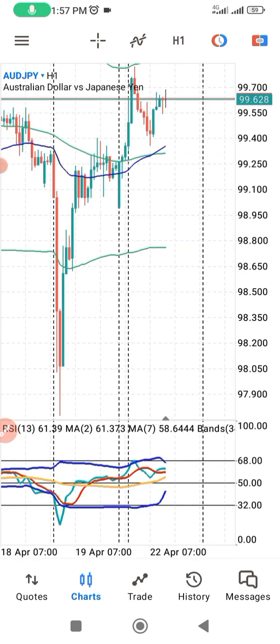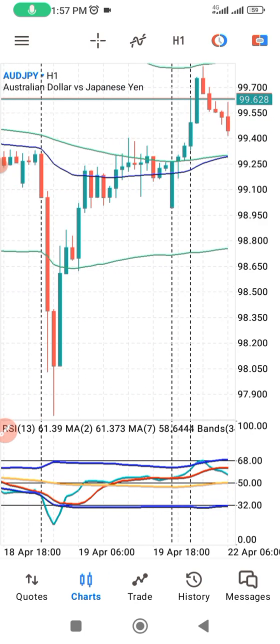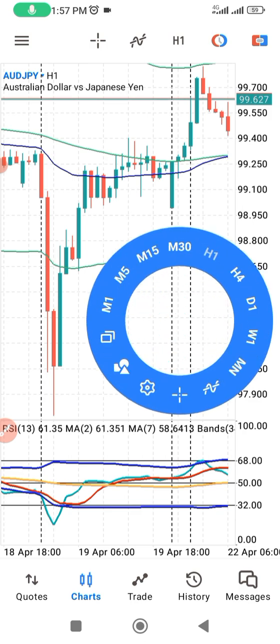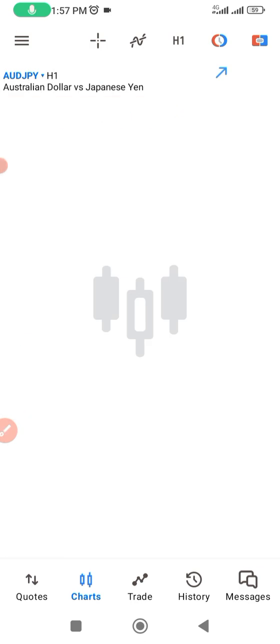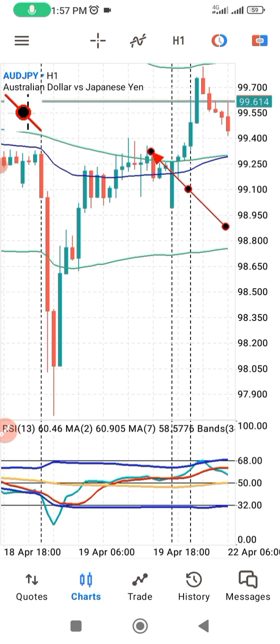Here we have another one. Price went, you can see that this is the lower Bollinger Band. So on these candlesticks, price closes above this Bollinger Band and above our 50 moving average.